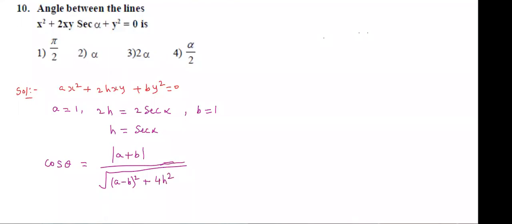Now substitute the values. a is 1, b is 1, so 2 divided by under root of 1 minus 1 whole square plus 4 into h square, that is secant square alpha. Here observe that 1 minus 1 is 0.